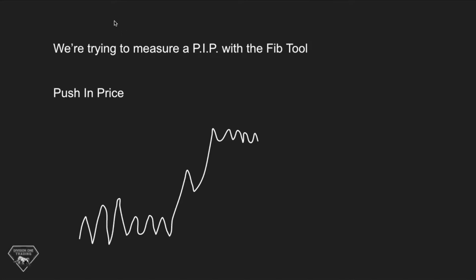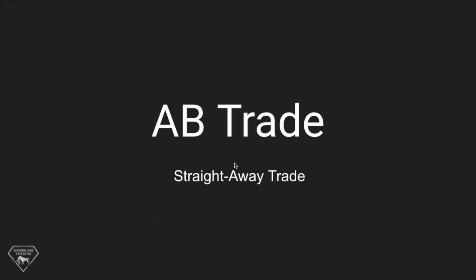Kind of like I was just talking about, when we have a market structure like this with a push in price, we need to figure out, okay, how can we trade this? So we'll take that last push and we measure it with the fib tool. We're looking for that 50 to 62. When it trades to it, we're looking to be a buyer.